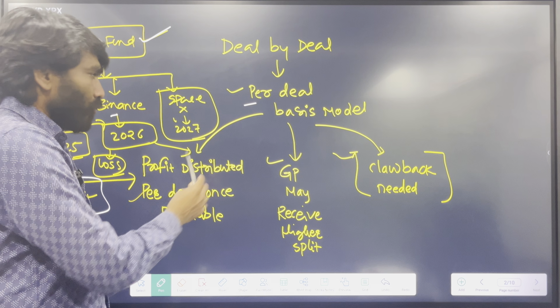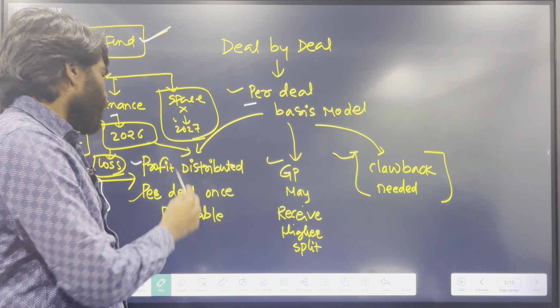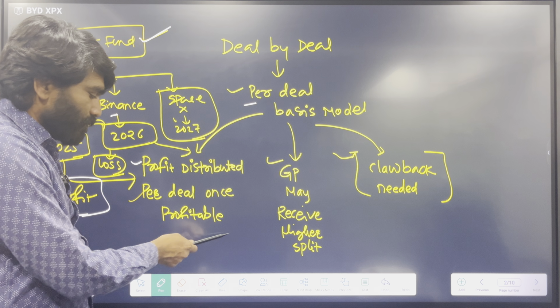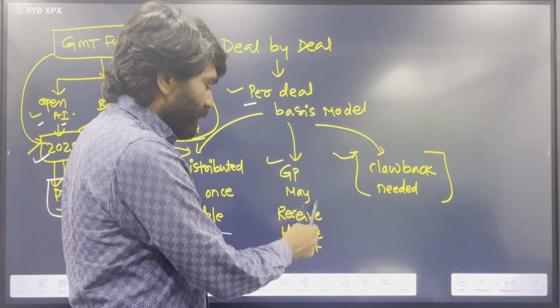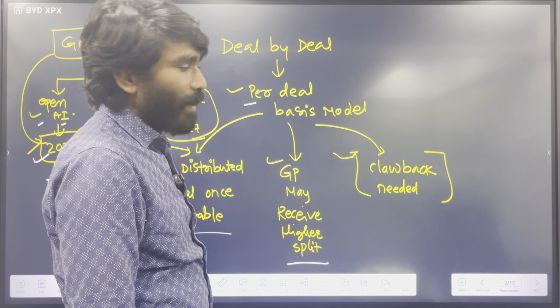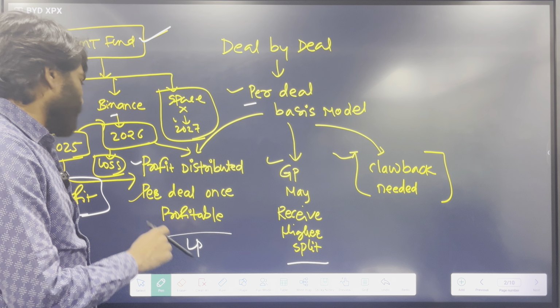If I talk about the features of the deal by deal model, profit is distributed per deal once profitable to the limited partners, and the GP may receive their higher split. Clawback is needed in this model. Why?